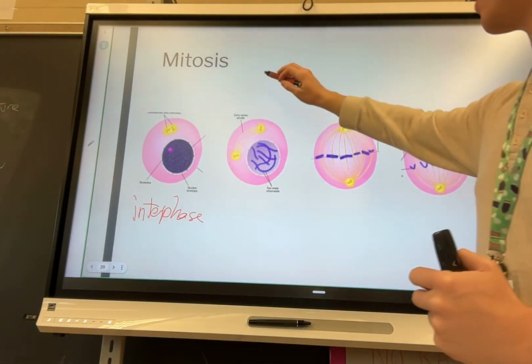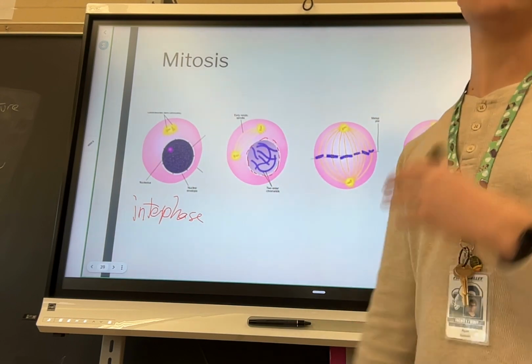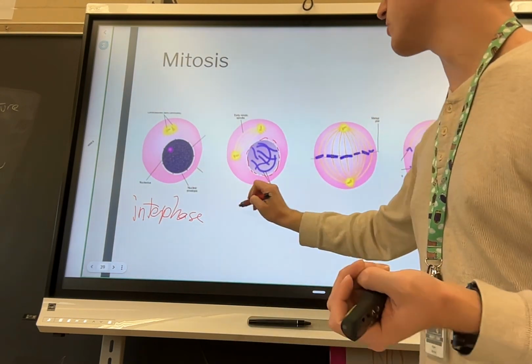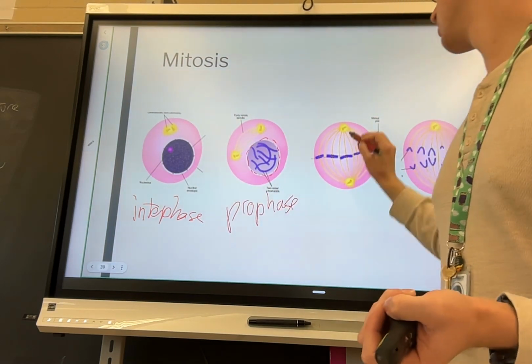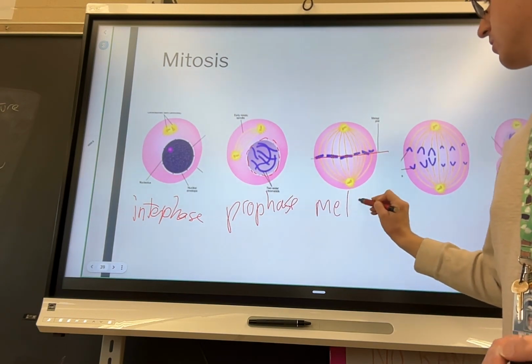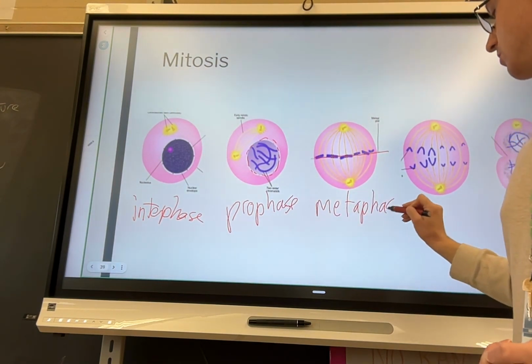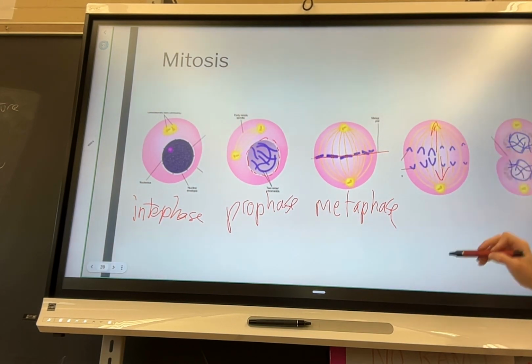We have our start. The nucleus is starting to dissolve. It's starting to disappear. So this would be prophase. Metaphase, it's lining up at the middle. Anaphase, they are starting to pull towards the poles.